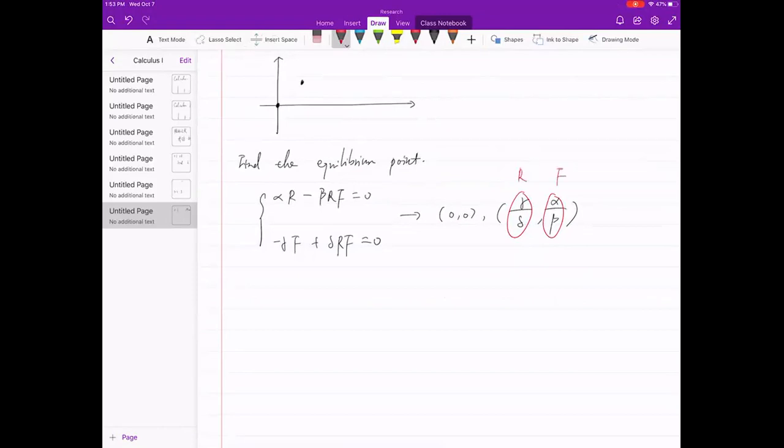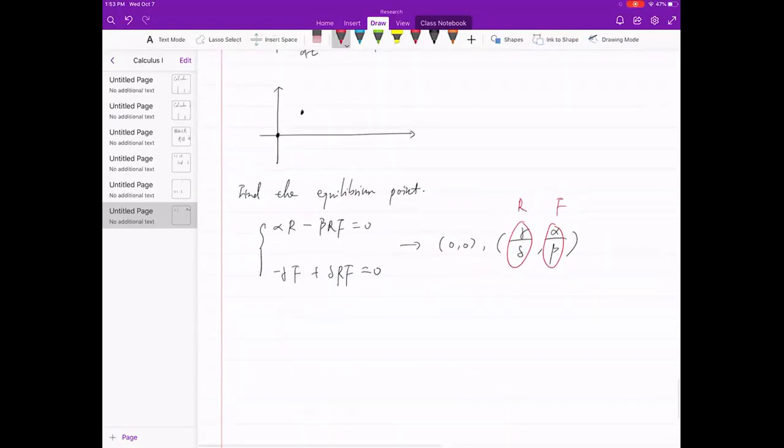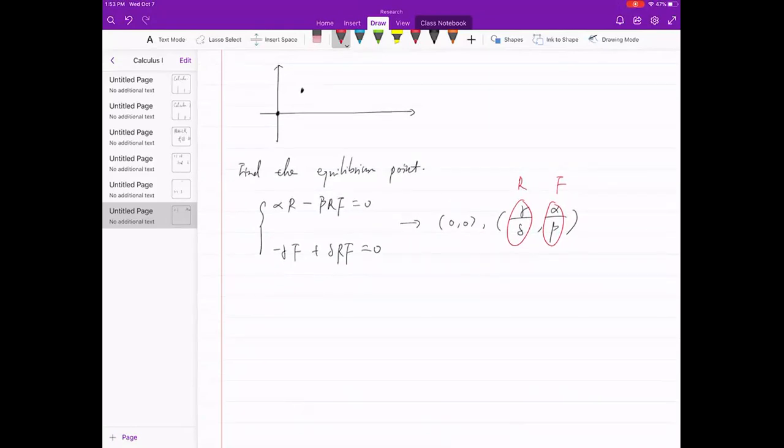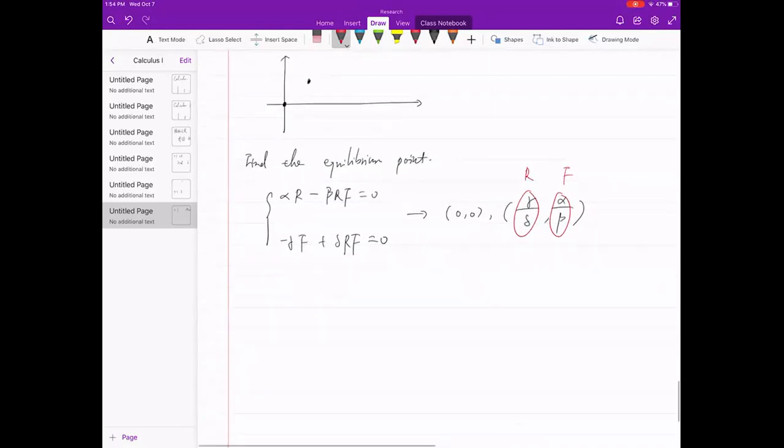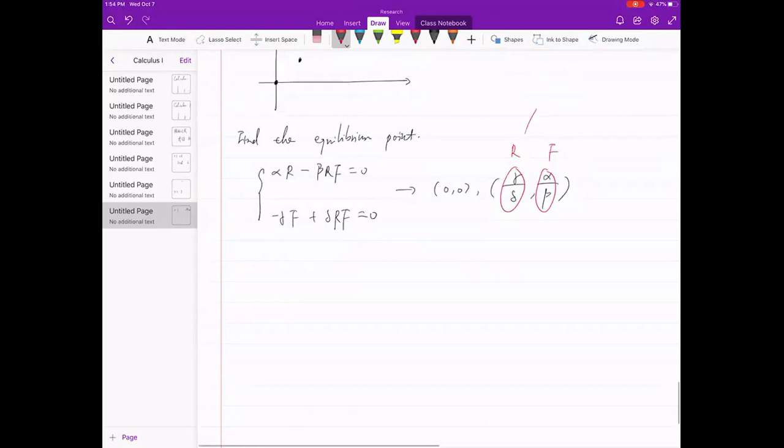And that's the fox. Okay. A quick check should make sure that this thing makes sense. This will be the final population of the rabbits.